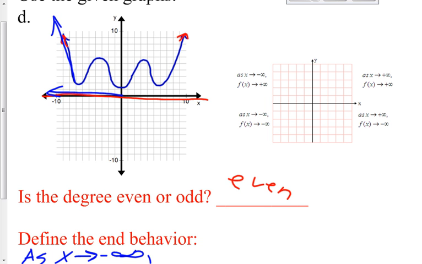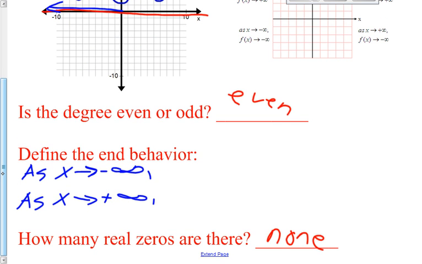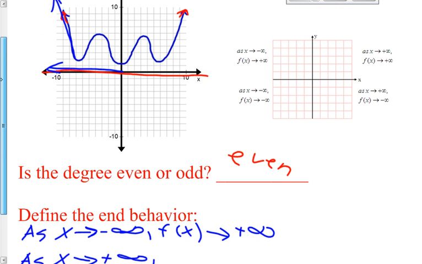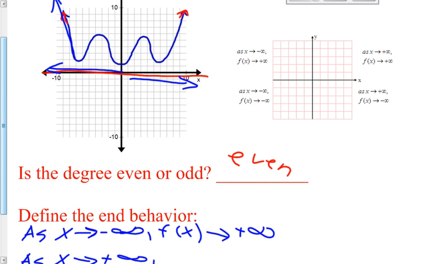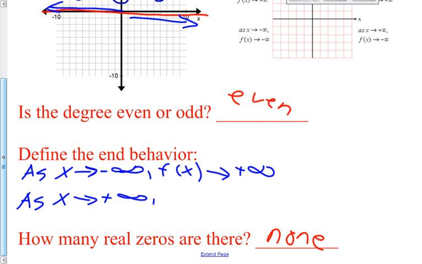So as x approaches negative infinity, f of x approaches positive infinity. And then as we move to the right, as x approaches positive infinity, my y values approach positive infinity. F of x also approaches positive infinity.